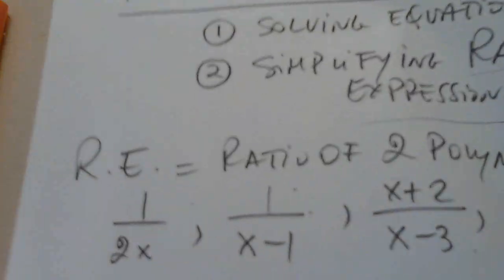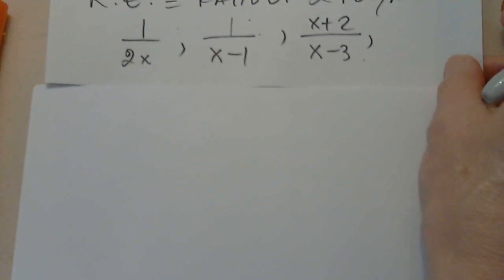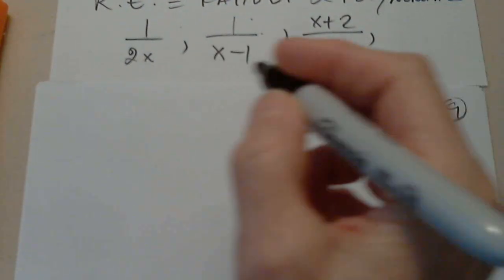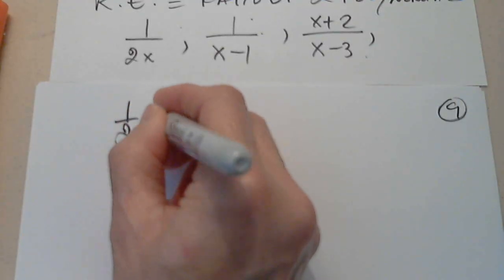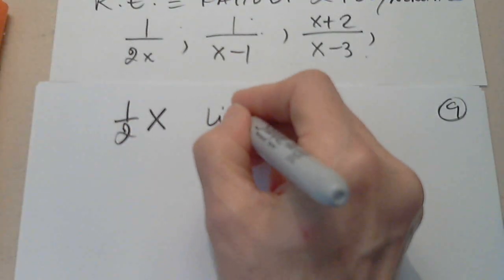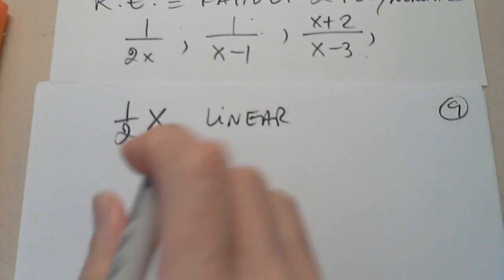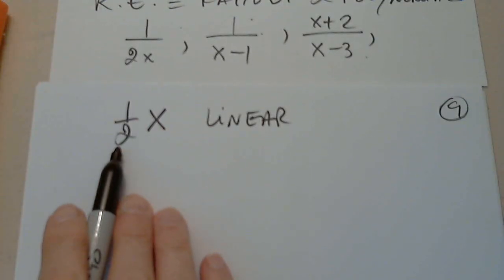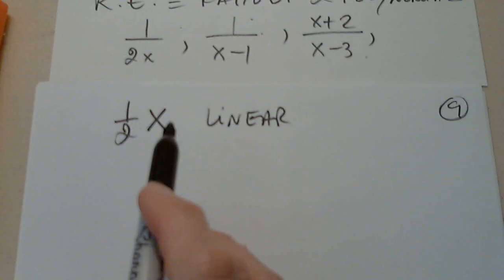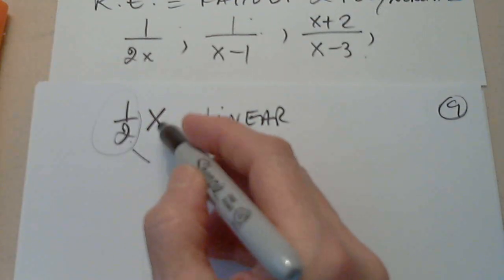What is not a rational expression, for example, 1/2 x. This is linear. This is not rational. It doesn't have x in the denominator. You can say, but I see a fraction, but this is a numerical fraction.